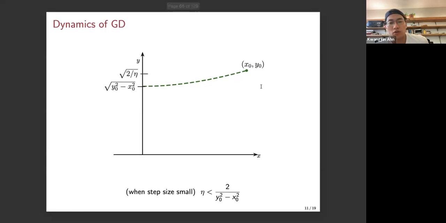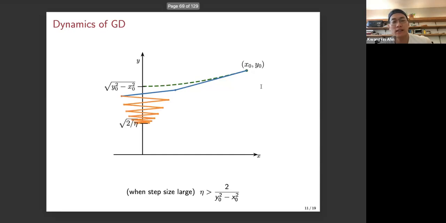When you choose the step size sufficiently small, gradient descent will track this gradient flow dynamics. But when you choose a step size sufficiently large, as in it goes beyond the edge of stability threshold, something interesting happens. Gradient descent tracks the gradient flow until it hits the y-axis and starts oscillating, which leads to a decrease in the y value, and it converges there.